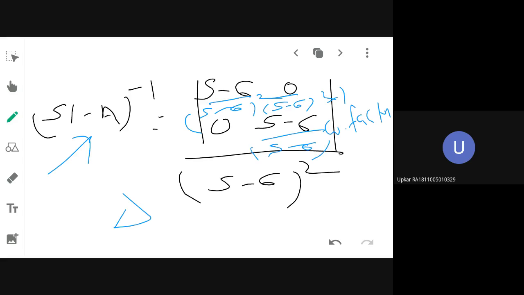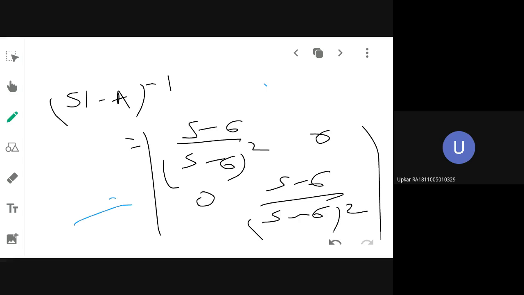So what will be the answer that you will be getting? 1 (s minus sigma) will get cancelled. So finally what will be the answer that you will be getting? This and this will get cancelled.